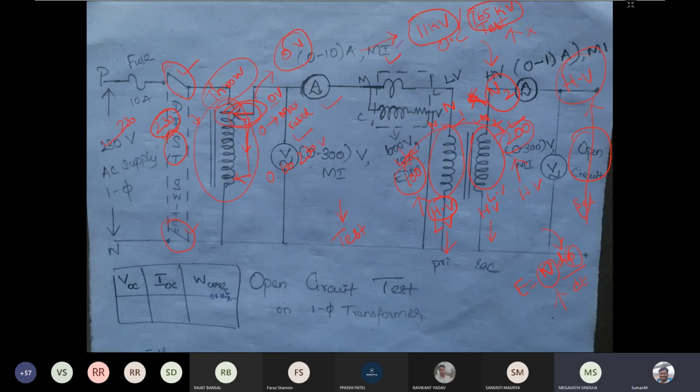Here in the open circuit test, we want to bring the primary voltage, that is the voltage applied by this autotransformer, to the rated voltage of that winding.